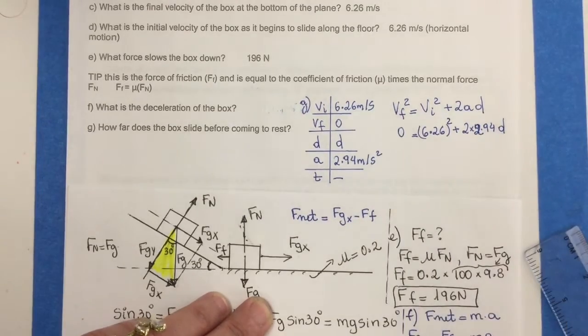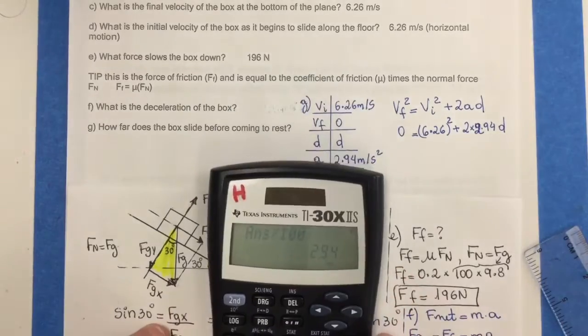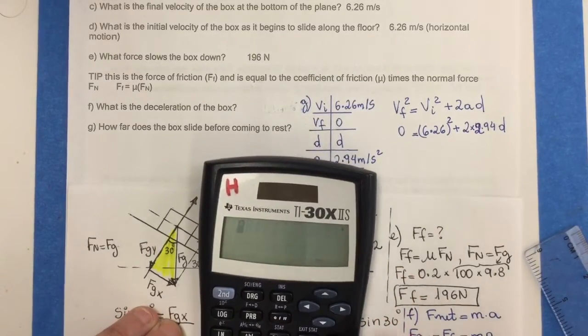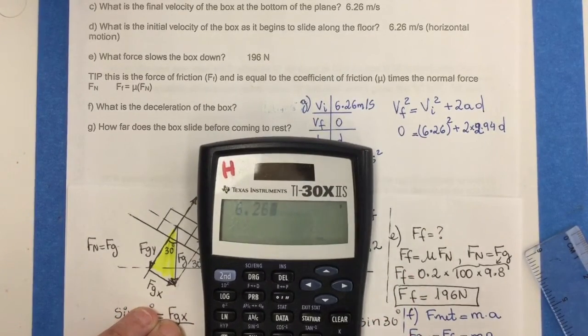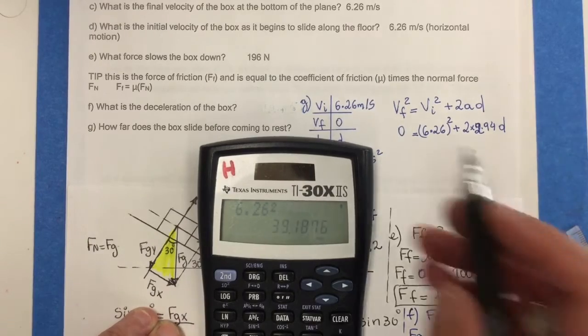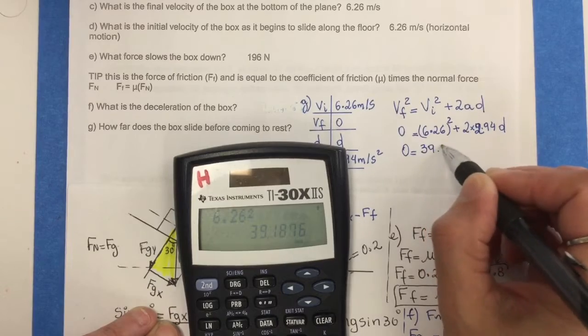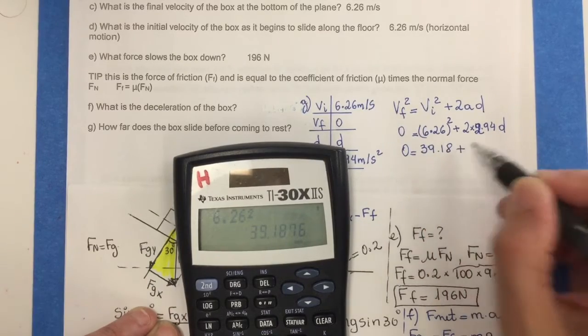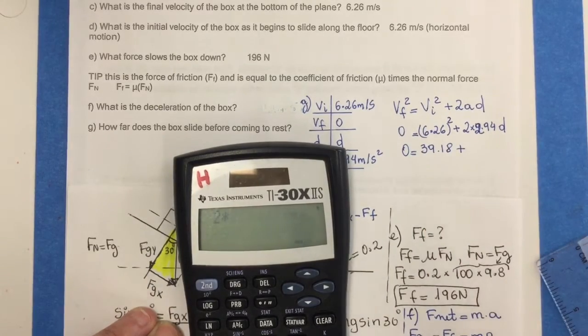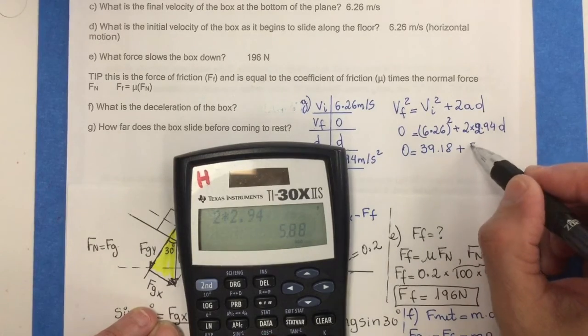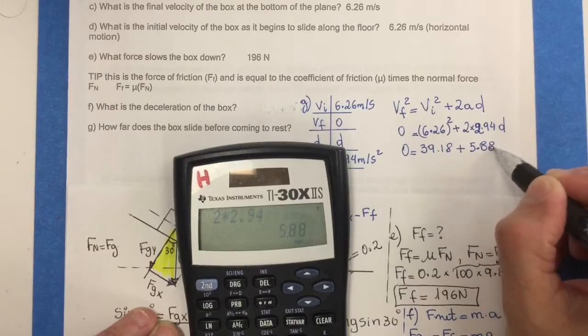So then our d is, 6.26 squared is 39.18, plus 2 times 2.94 is 5.88 d.